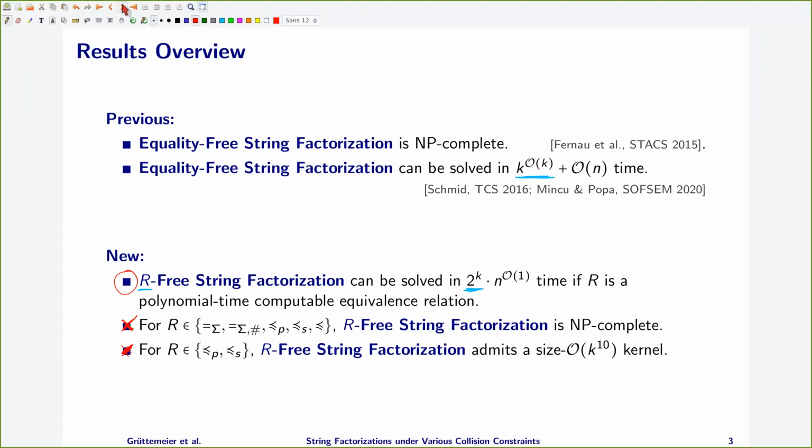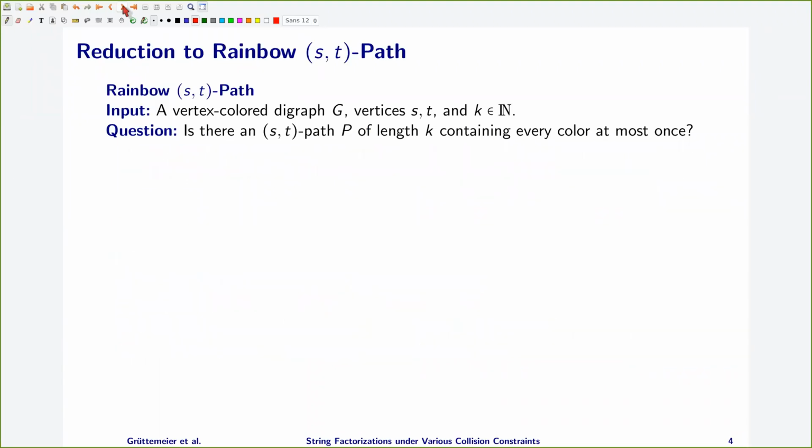So this algorithm is based on a reduction to a graph problem. And this graph problem is called rainbow ST path. So we're given a directed graph. I'm drawing a DAG, but it doesn't need to be a DAG necessarily.